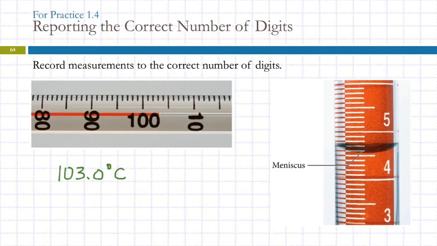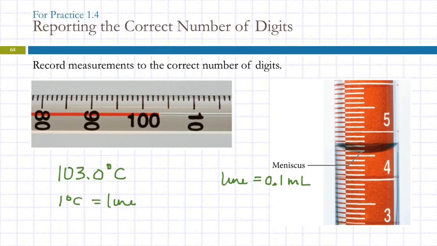So in the thermometer, the lines were 1 degree Celsius. That's the line spacing. Here, the line spacing is 0.1 milliliters. You see how I did that? Each line represents a tenth of a milliliter. So what do we estimate to?